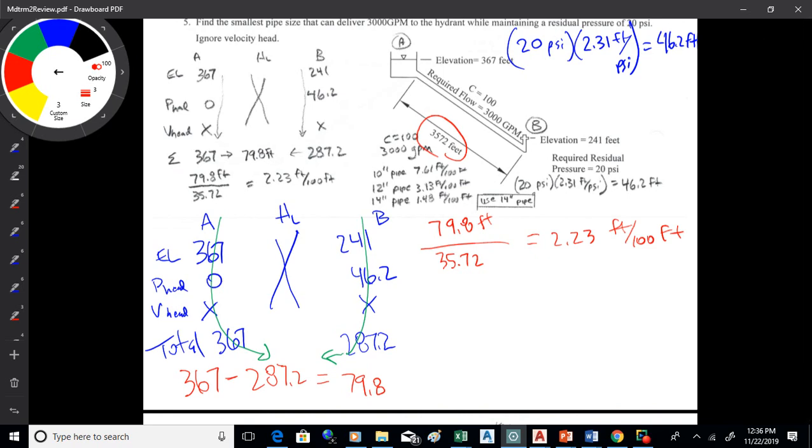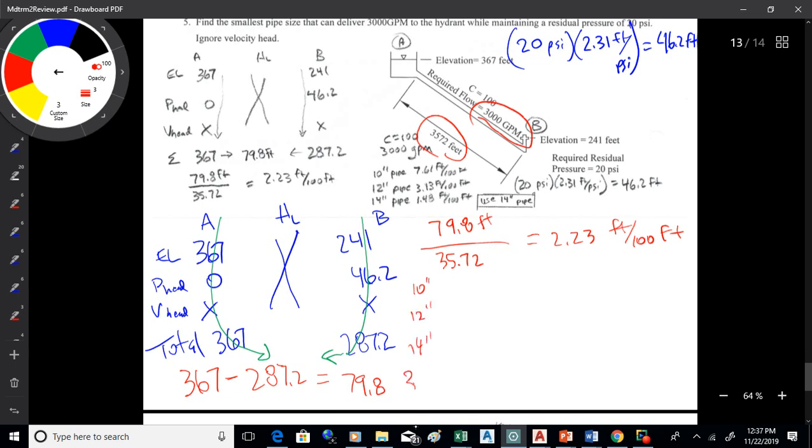Now our goal here is to pick a pipe that will work for this situation. The general idea is the bigger the pipe, the less the head loss. We've got a required flow that we need to get to this hydrant of 3,000 gallons per minute. So we're going to go to that table on page 108 and start looking at what we got for 3,000 gallons per minute. I've got different numbers I could pull up here: 10-inch, 12-inch, 14-inch pipe.